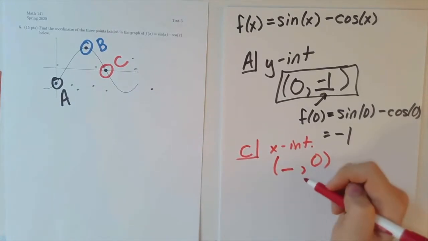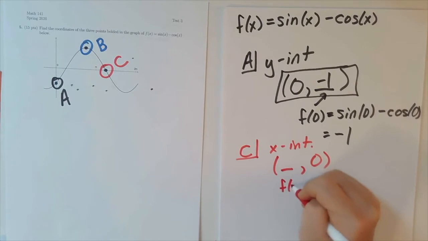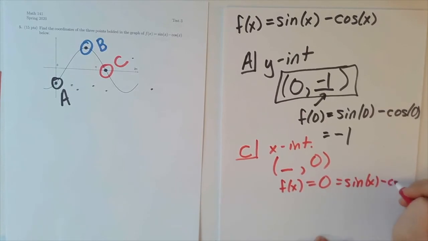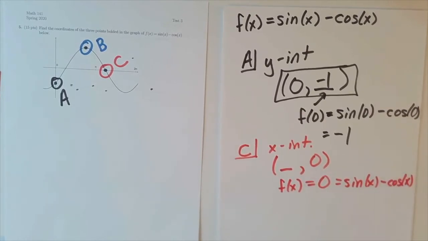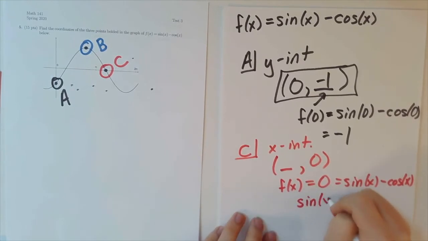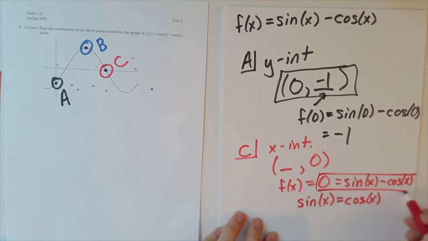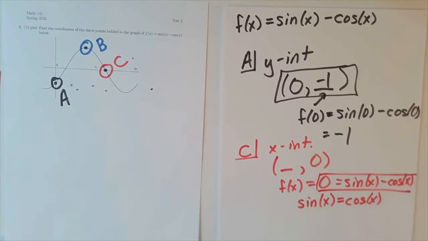And so this corresponds to a point where f of x is 0. So that is to say where sine of x minus cosine of x is 0. So what I'm really solving here is the equation sine of x is equal to cosine of x.